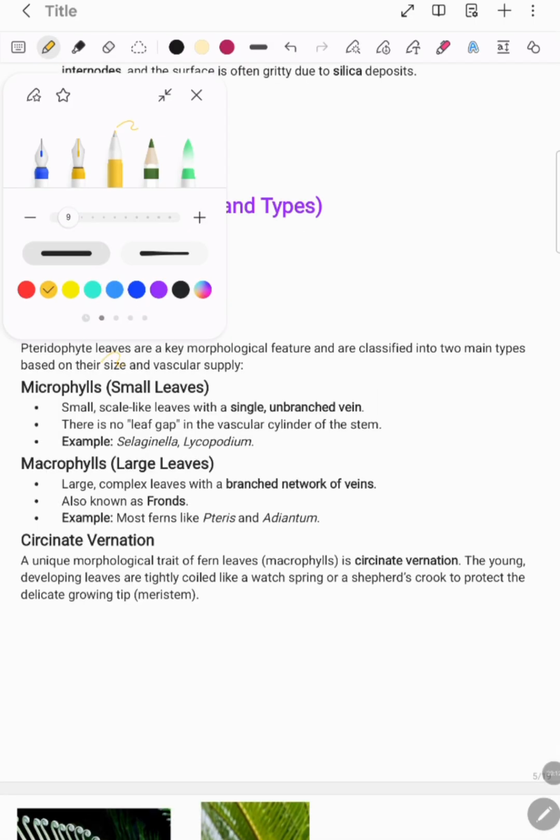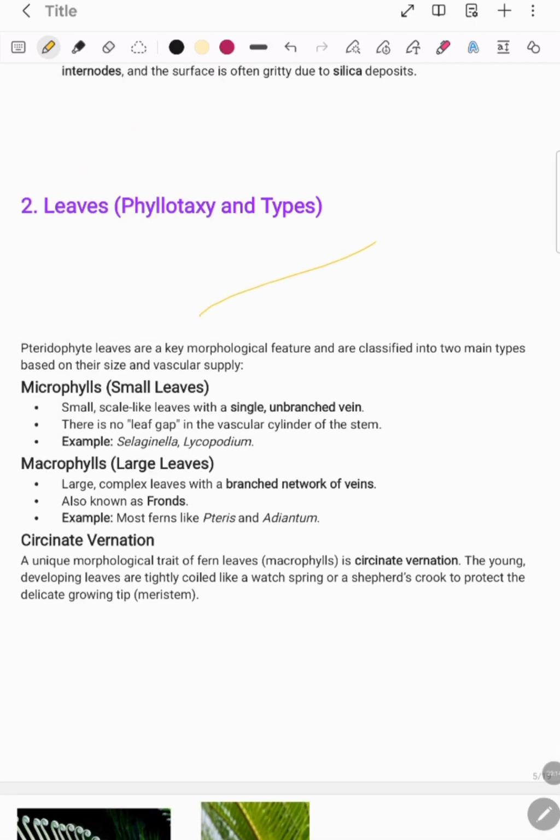Okay, this is your main stem, and here you are having a leaf, then here you are having a leaf, then here you are having a leaf here. So what type of arrangement is this? See, this is your opposite arrangement. Okay, the leaves are arranged opposite to each other.